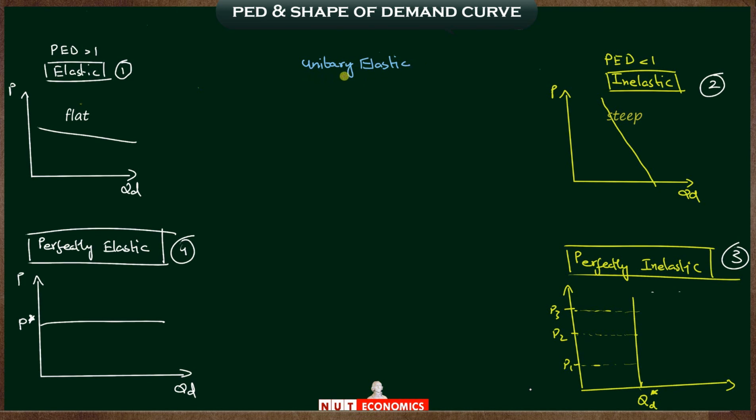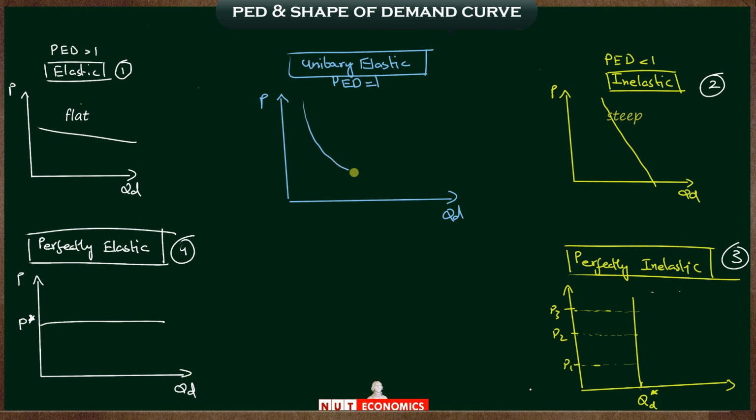Now remember the unitary elastic case. We said that demand responds proportionately to changes in price, and price elasticity of demand is equal to 1. Now if your demand is unitary elastic, then the demand curve takes a very peculiar shape. And we are not going to explain the logic or reason why the demand curve looks the way it does in case of unitary elastic, but we need to know what that particular shape is.